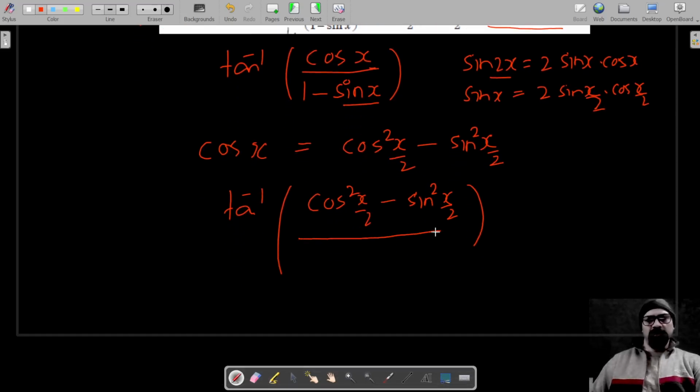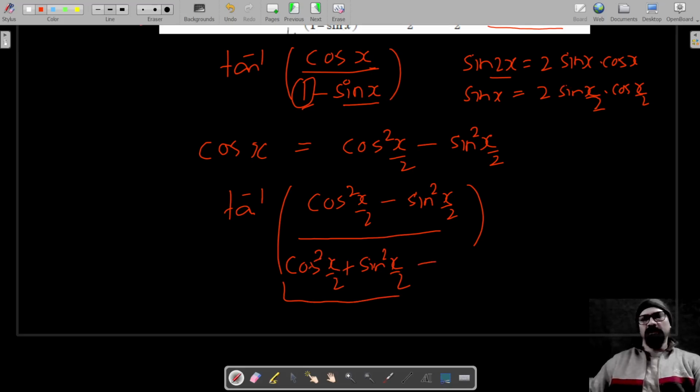And for 1, I can write cos square x by 2 plus sine square x by 2. So I have replaced 1 with cos square x by 2 plus sine square x by 2, because this is 1 negative. Now sine x is 2 sine x by 2 into cos x by 2.